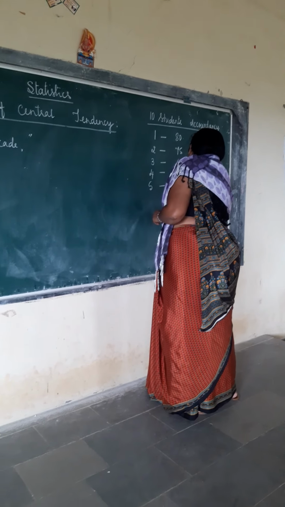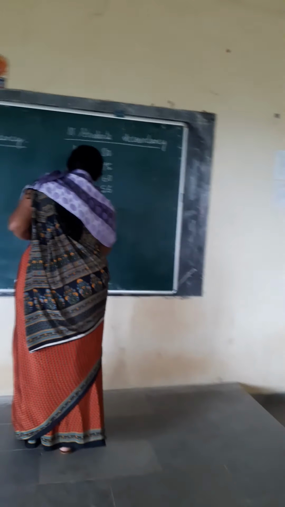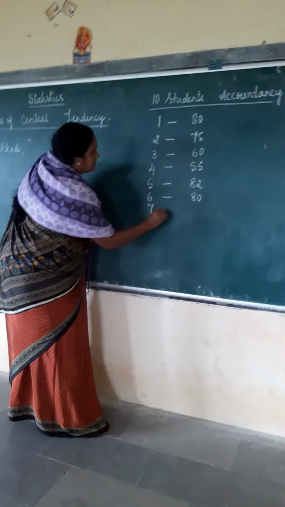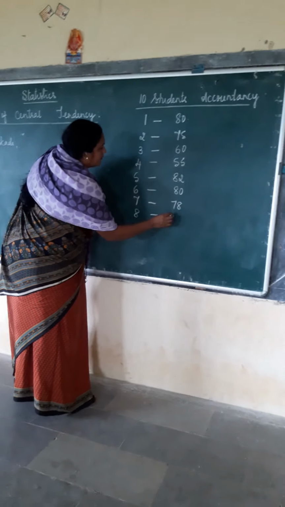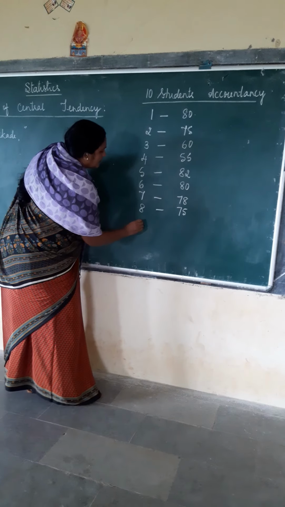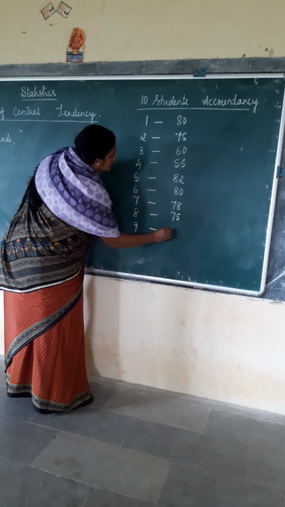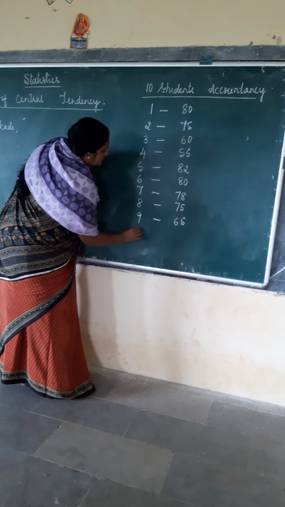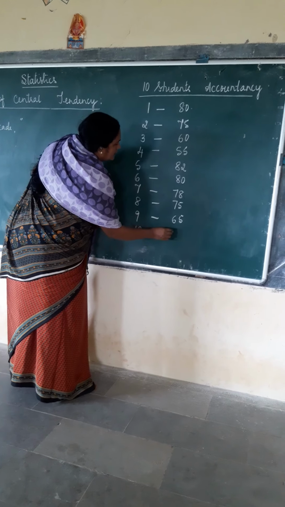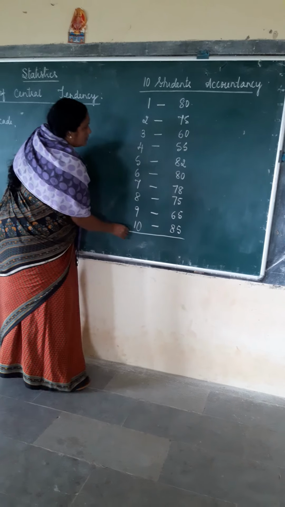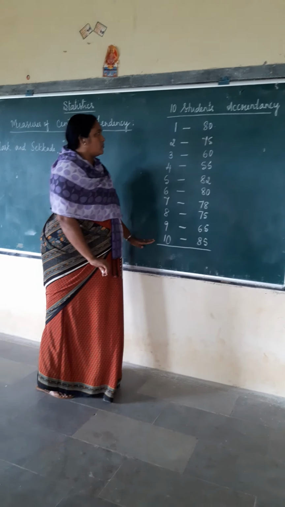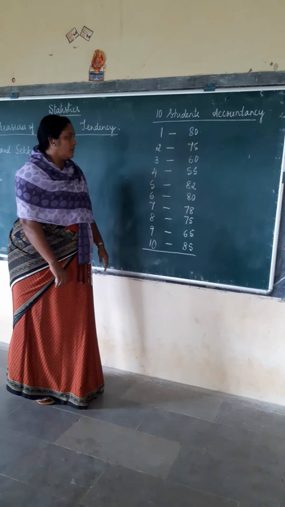Fifth student gets 82. Sixth student gets 80. Seventh student gets 78. Eighth one gets 75. Ninth one 65. And 10th student gets 85. So these are the marks scored by 10 students in the subject accountancy.